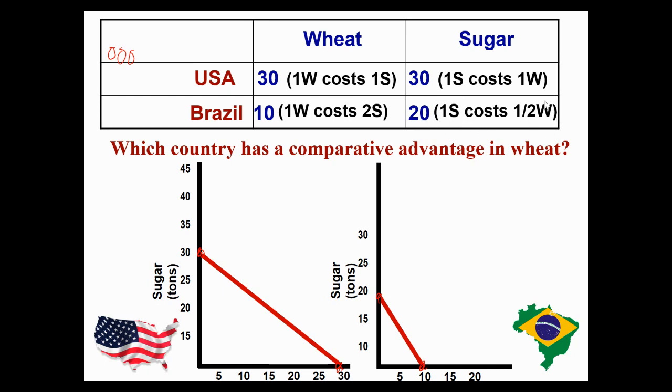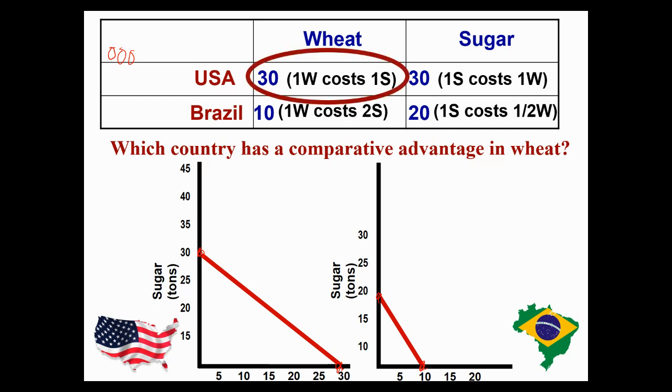And we see that over here when it comes to sugar. For Brazil, one sugar costs them a half a wheat, but for the United States, one sugar costs them one wheat. So if we were going to specialize in trade, the United States would make wheat and Brazil would make sugar. And then they would trade.